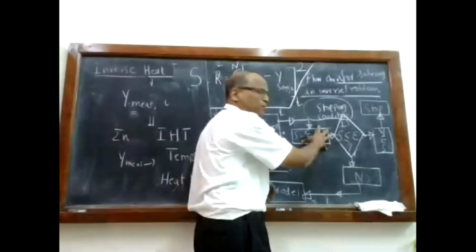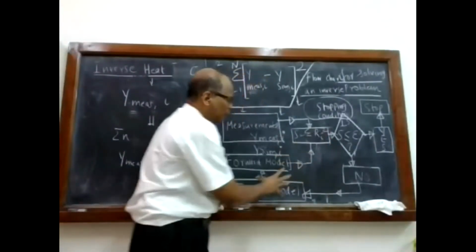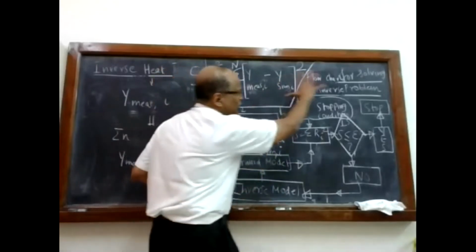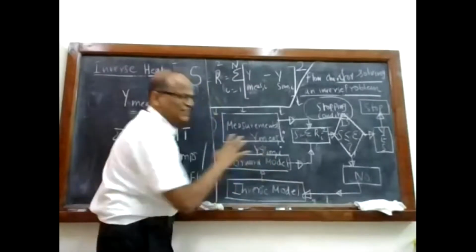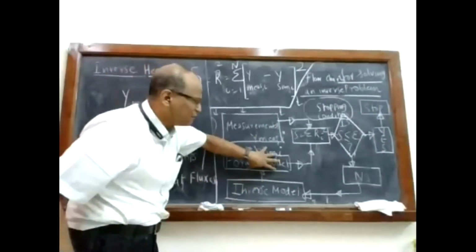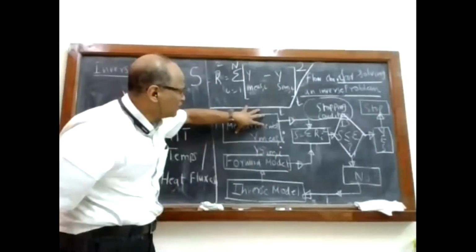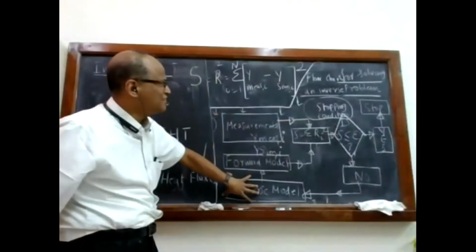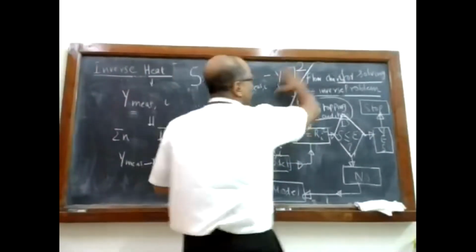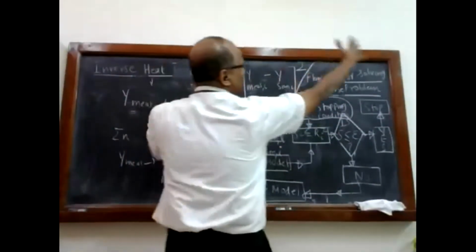So you have to be good in optimization, in statistics, in programming, in measurements, in the subjects. Subject knowledge, measurement knowledge, optimization knowledge, statistical knowledge, programming knowledge in the framework of data.